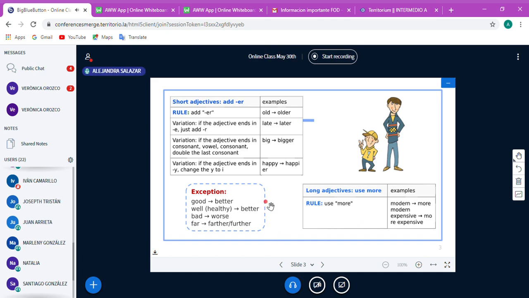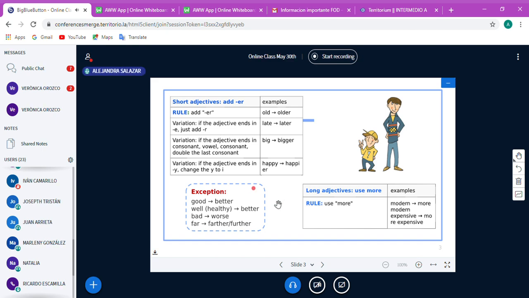Surely these are the most common exceptions that we have for the words. Okay, so Ricardo. Yes. So you have other words that can enter in the exceptions, but they are not as common as these ones. Okay, so these are the most common.